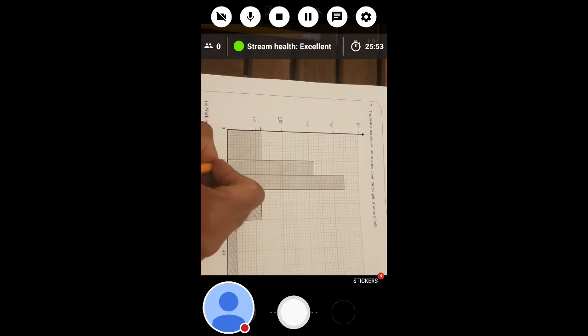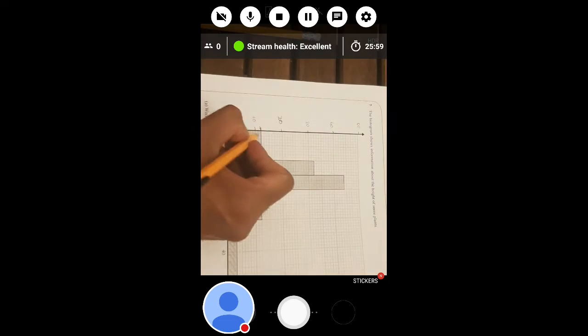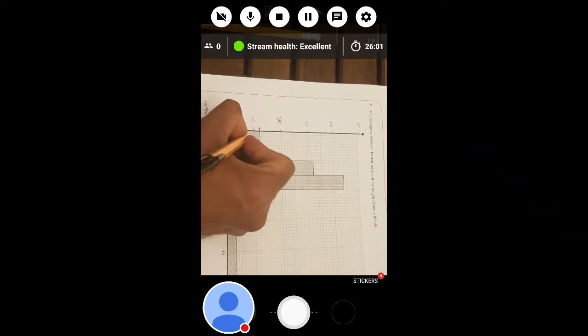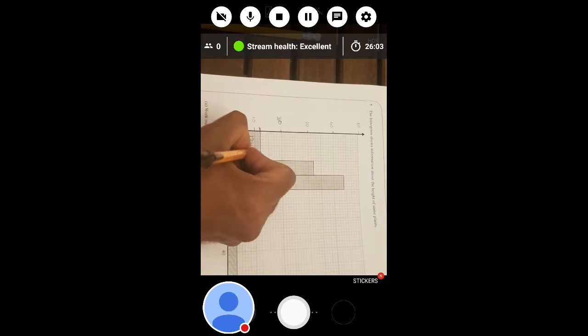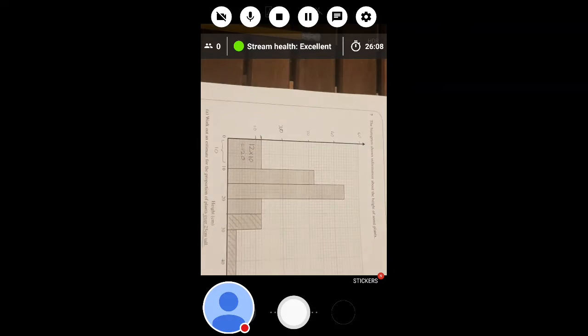So the width of this rectangle is 10 and its height is 12, so this one is 12 times 10, 120 units. Okay, it doesn't represent 120 plants, but it's 120 units.